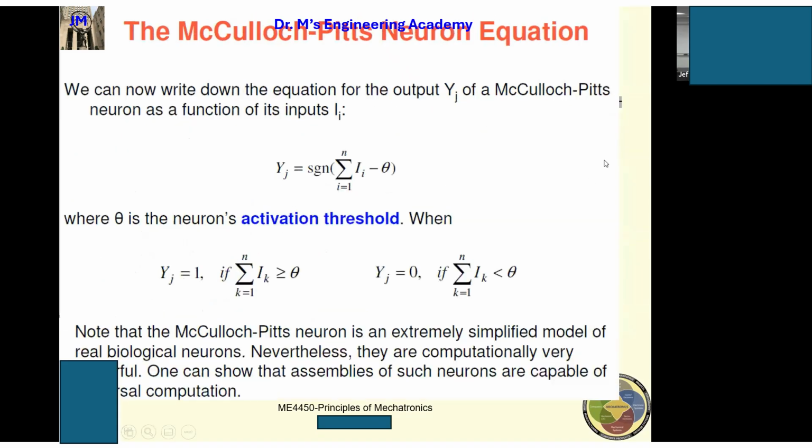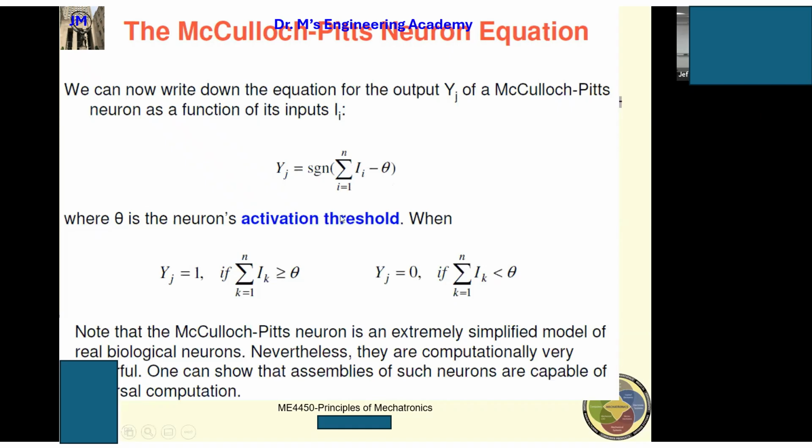So here, this is mathematically. This is your output. This is a sign function, and theta is the activation threshold. If the sum of all these weighted inputs is greater than theta, this neuron will be stimulated. Otherwise, this neuron will stay there and will not do anything.